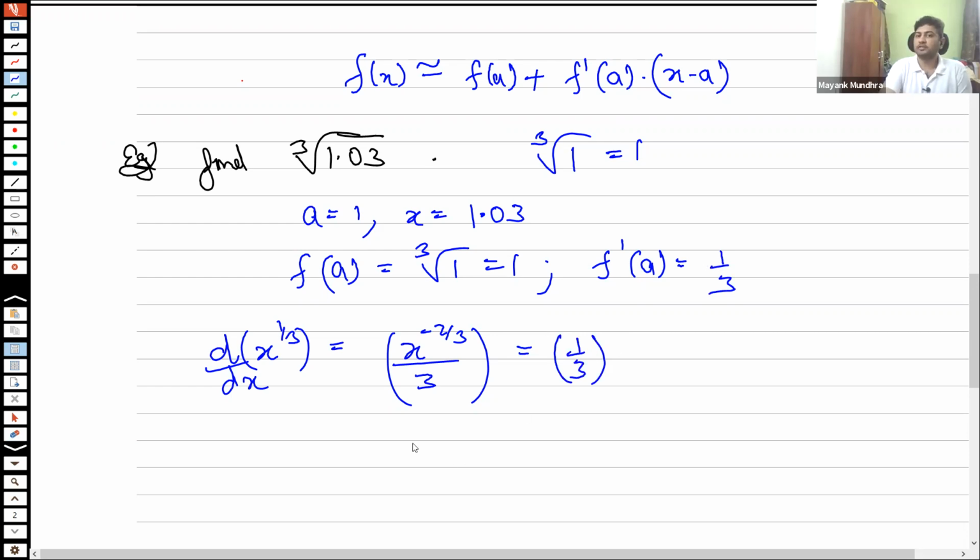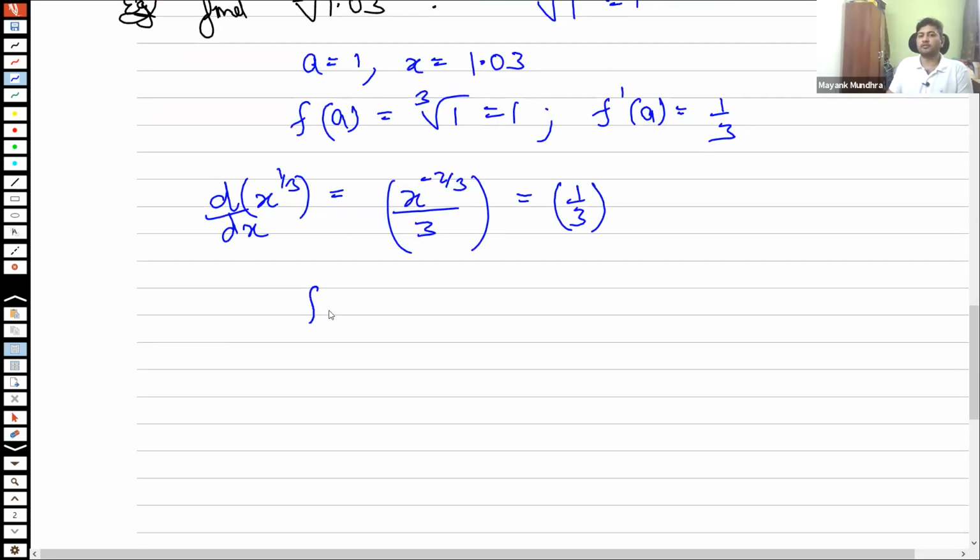So now I can apply the formula that f of 1.03, that is f of x, equals f of a plus f prime at a times x minus a.